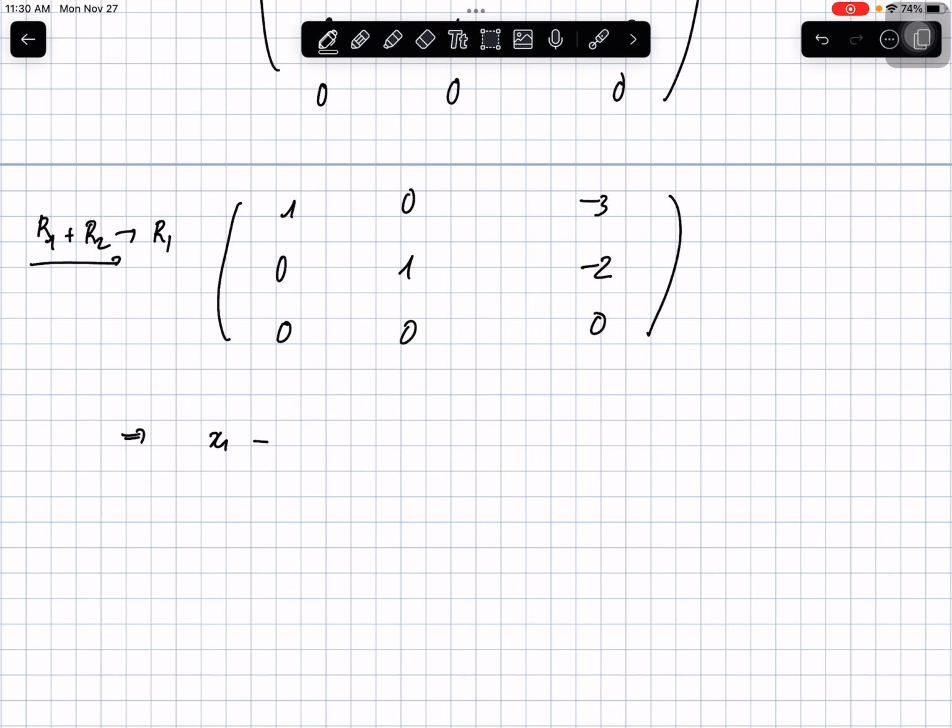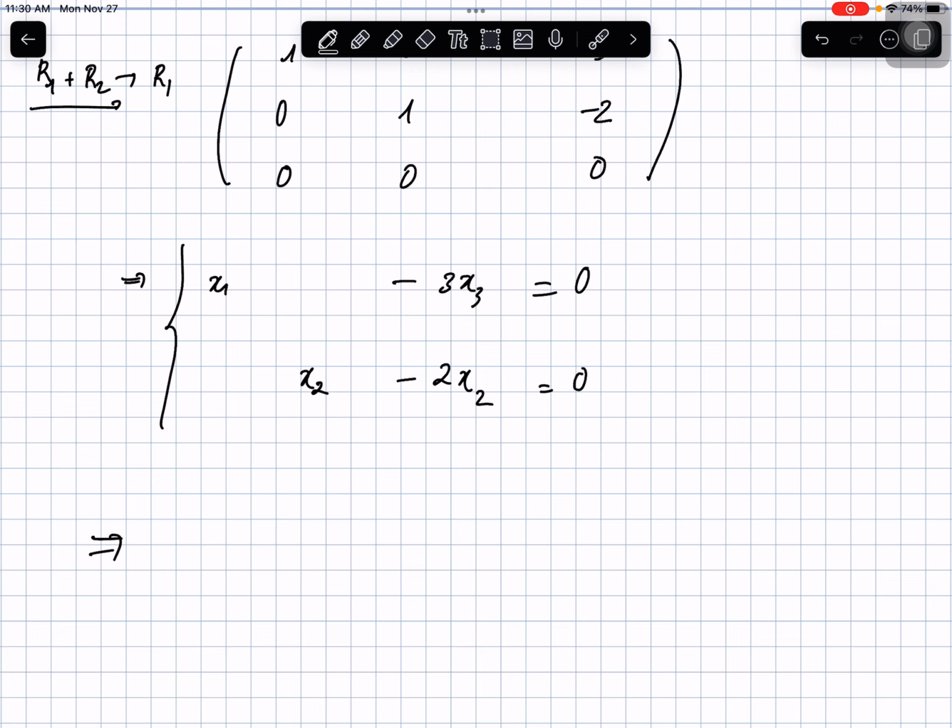The system is x1 minus 3x3 equals 0, x2 minus 2x3 equals 0. I can delete the last row. Let's say x3 equal to alpha, x2 is 2 alpha, x1 is 3 alpha.